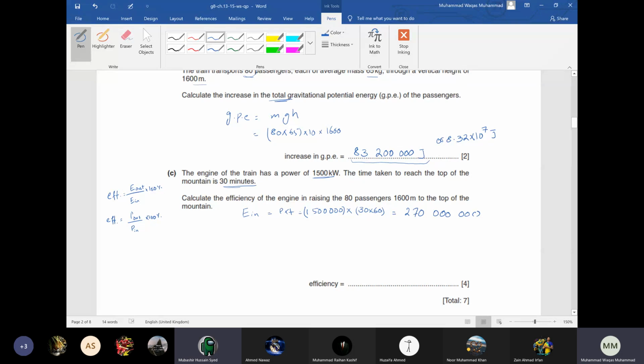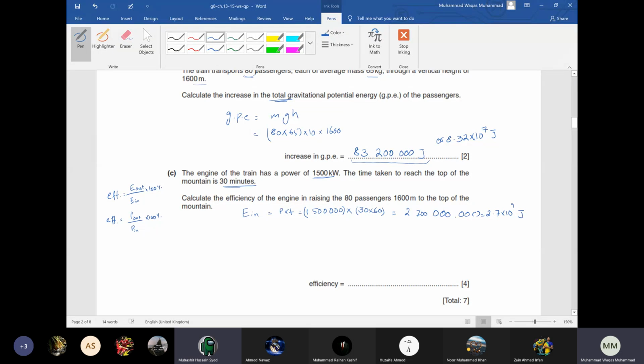Can you check it again? There are 5 zeros with 15. Yes, sir, it's a billion. 2.7 billion. So it's 2,700,000,000, or you can write it as 2.7 times 10 to the power 9 joules.